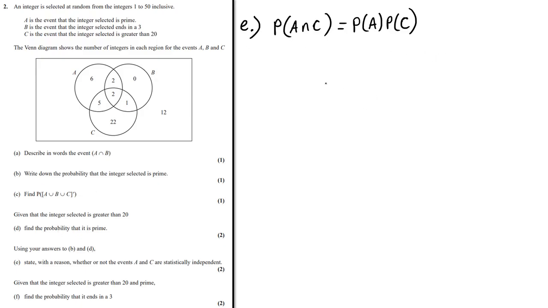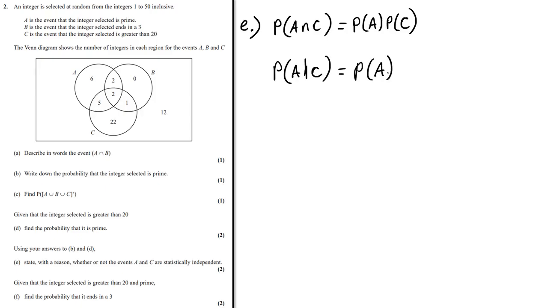But what we can use is the fact that if 2 events are independent, then the probability of A given C will be equal to the probability of A.